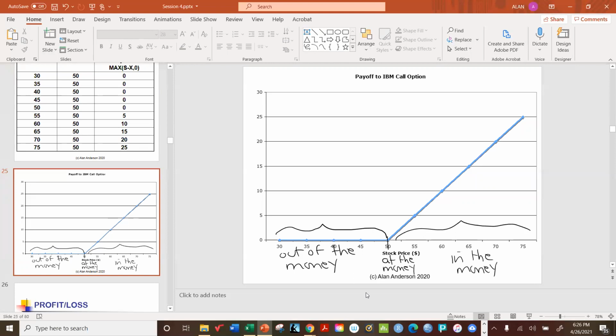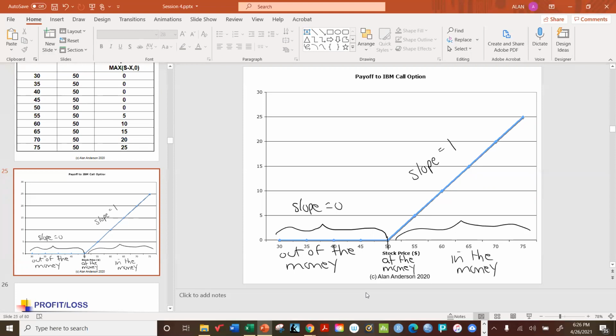And so if you notice, it's essentially two regions to this curve. This part is flat. It has a slope of 0. And over here, this part has a slope of 1, which means that every time the stock price goes up by $1, the payoff goes up by $1. And that's what it looks like.